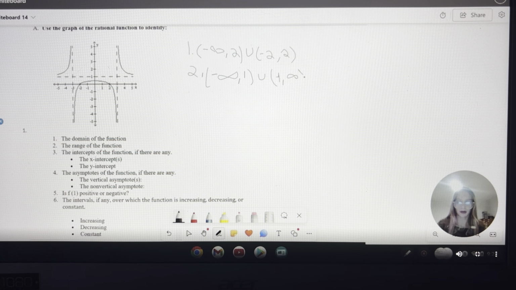Okay, so the next thing we want to do is find the intercepts of the function, if there are any. It's where the graph crosses the x-axis. We could see that happens at negative 1 and 1.